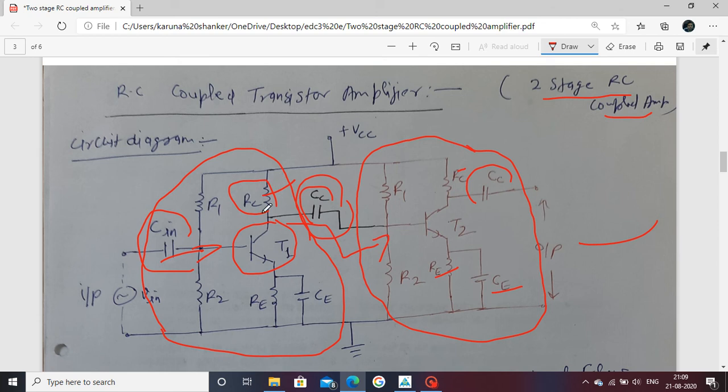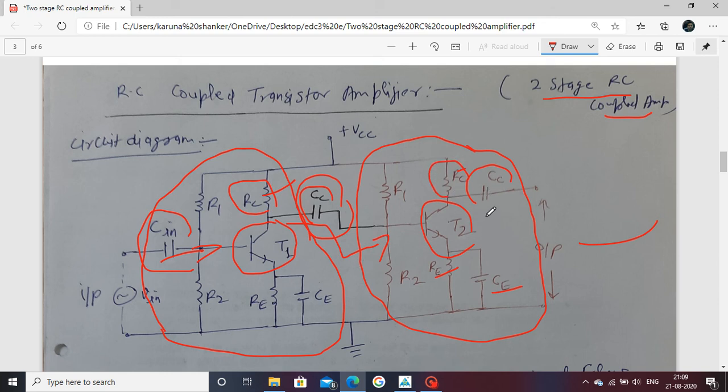Whatever amplified output comes across the first transistor is coupled through the coupling capacitor and passes to the T2 transistor. This second stage transistor amplifies it and the output comes across RC.